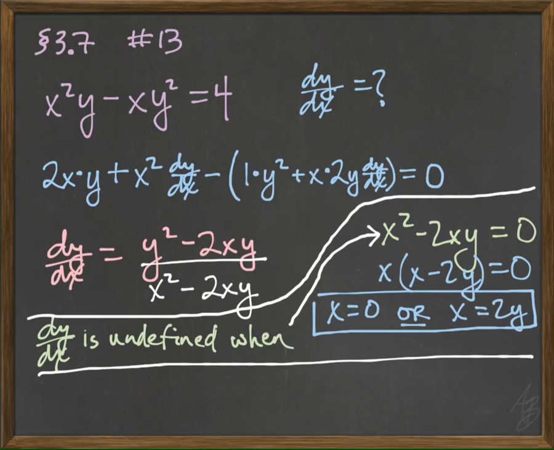I wouldn't say all real numbers because all real numbers actually doesn't work here because we're going to have some x, y's, some ordered pairs, that are not going to be on this relation, on this curve.